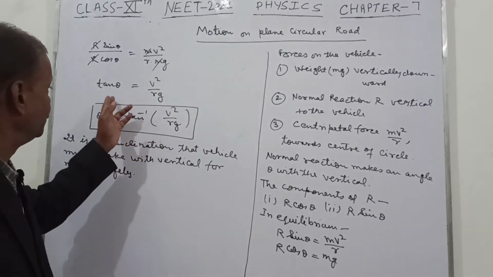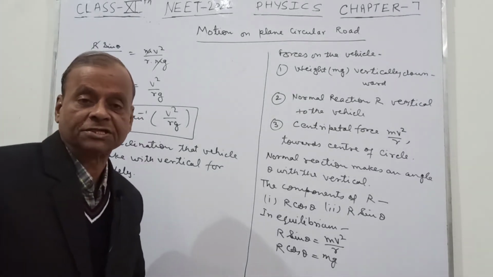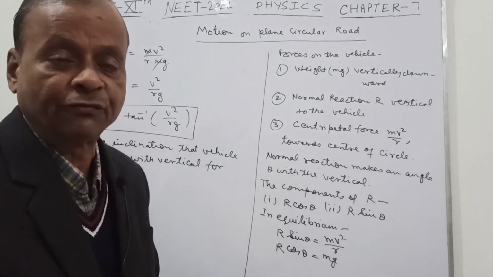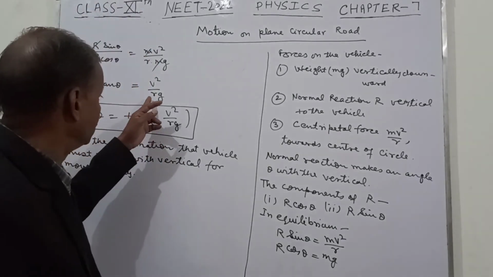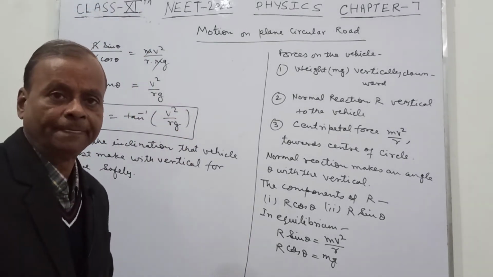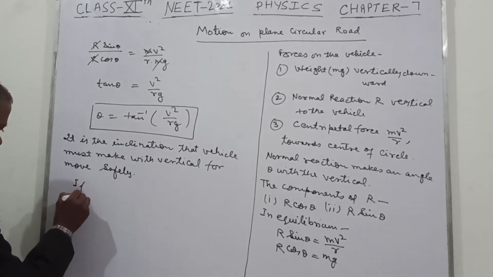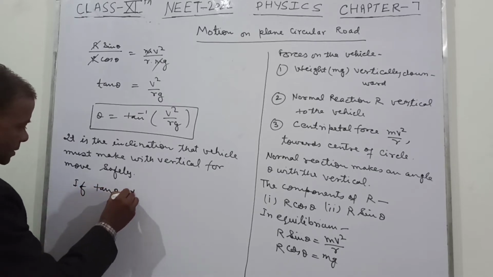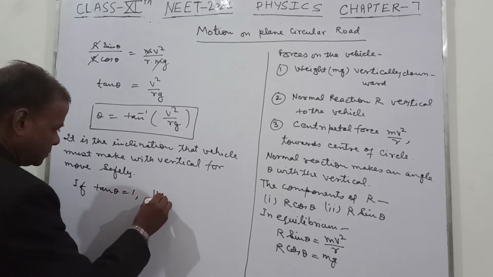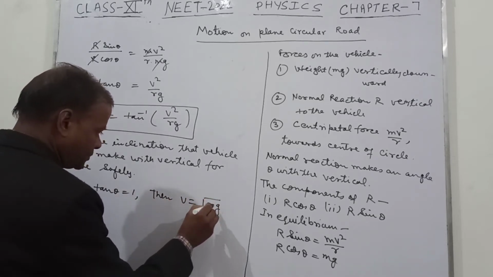If tan theta is equal to 1, then theta is equal to 45 degrees. In that case, the velocity will be equal to square root of rg.